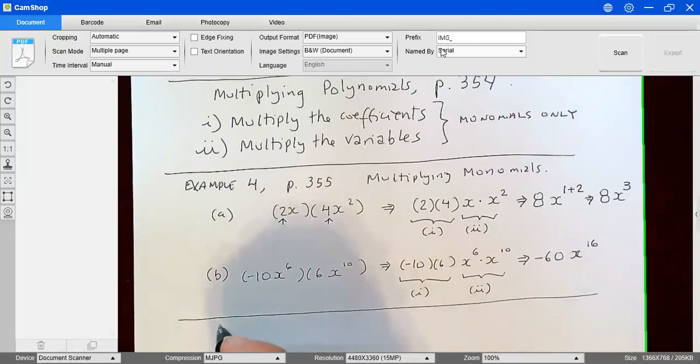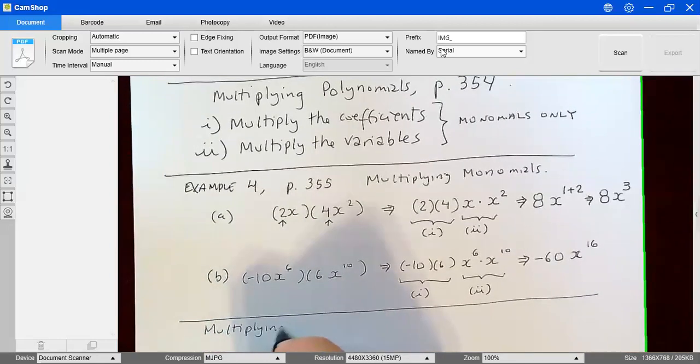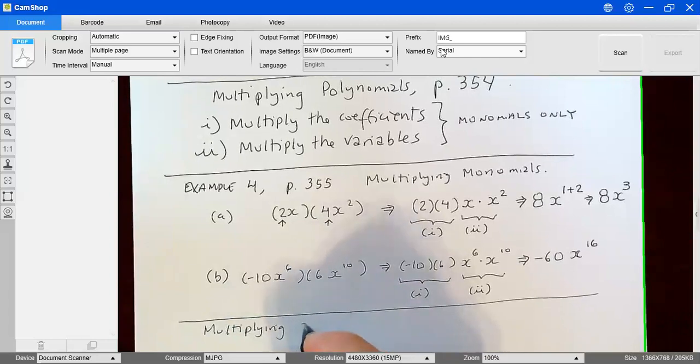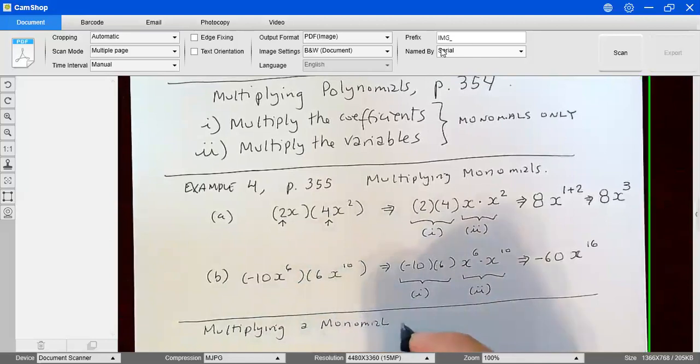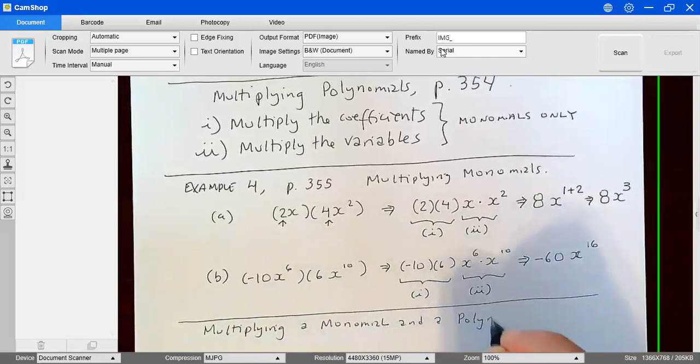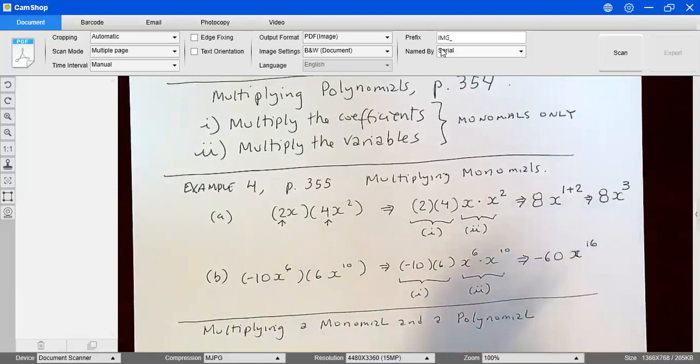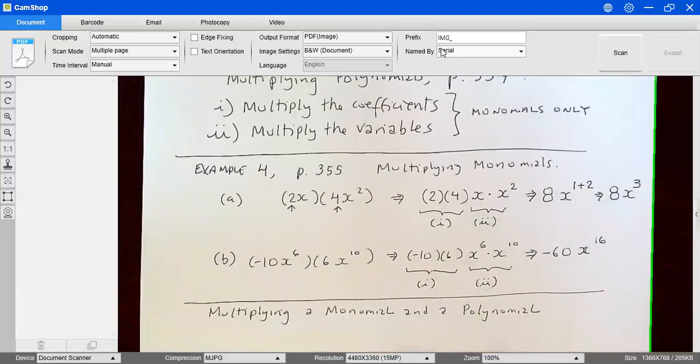So now we're going to extend our knowledge to involve binomials or any other polynomial. So the next thing that we're going to do is we're going to be multiplying a monomial and a polynomial. So we're going to multiply a monomial and a binomial, a monomial and a trinomial, and so on.